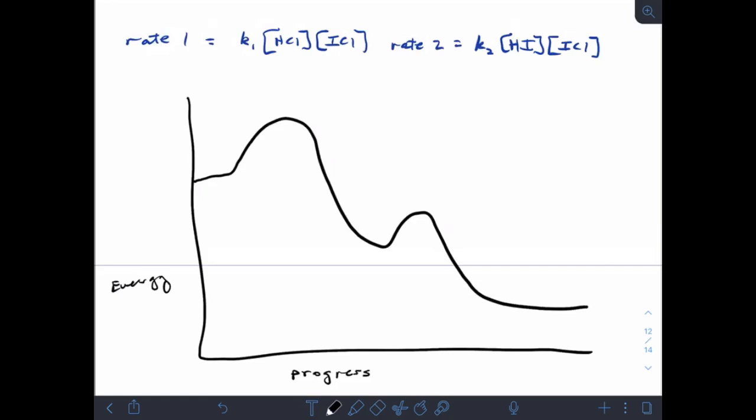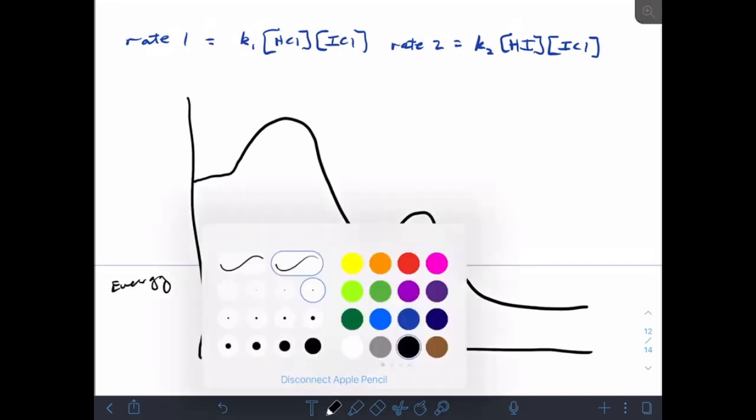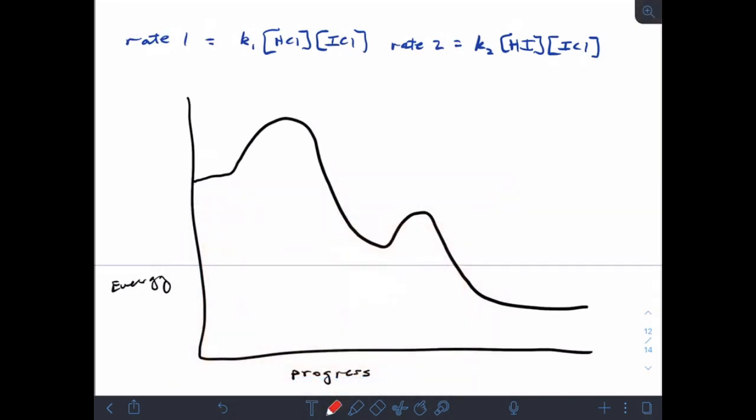It's not a terribly smooth plot, but let's take a look at what we are seeing with this graph. So we still have our reactants at the beginning and our products at the end.